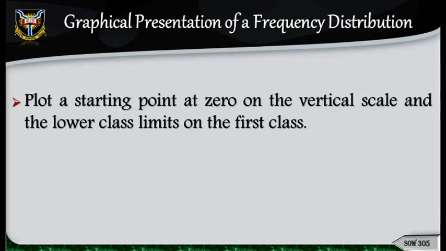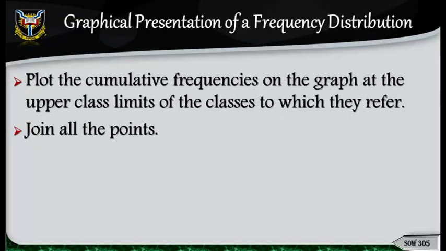C. Plot a starting point as 0 on the vertical scale and the lower class limit of the first class. D. Plot the cumulative frequencies on the graph at the upper class limits of the classes to which they refer. E. Join all the points.